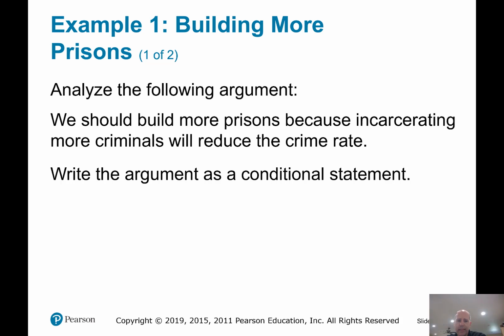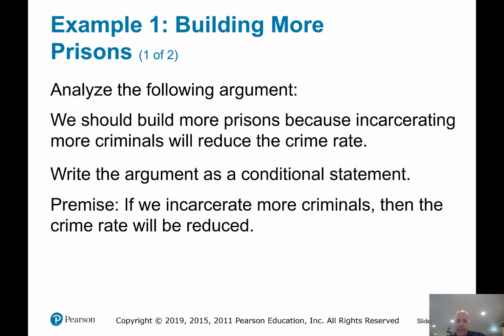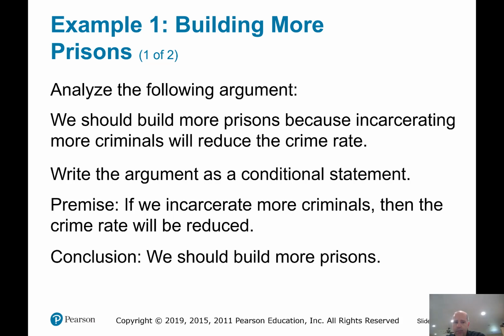So we want to write the argument in a conditional statement. So premise, it says if we incarcerate more criminals, then the crime rate will be reduced. Okay. The conclusion, we should build more prisons.